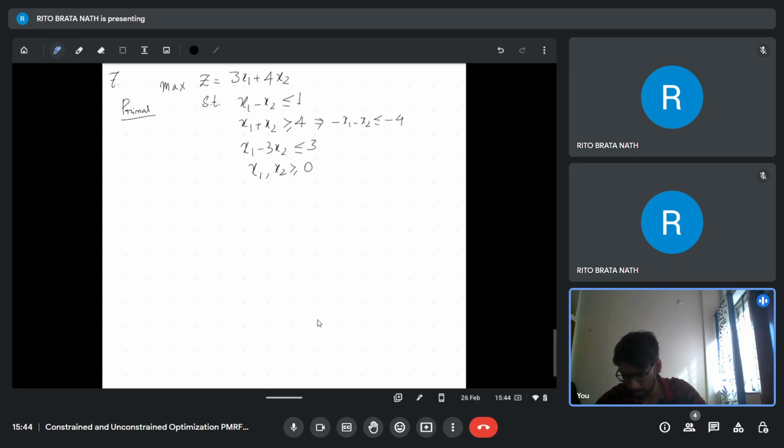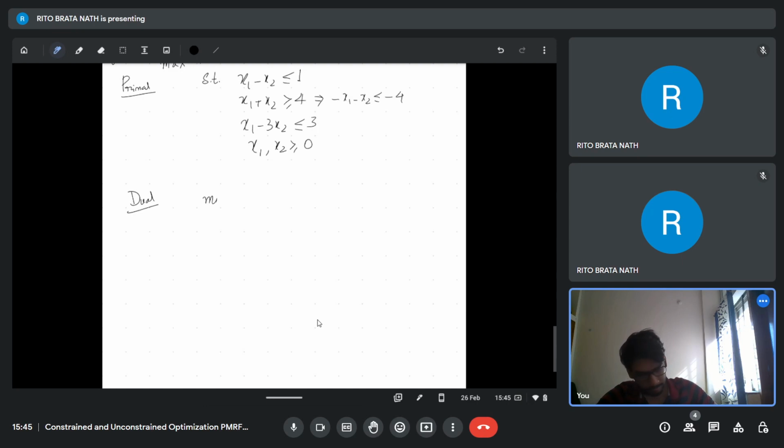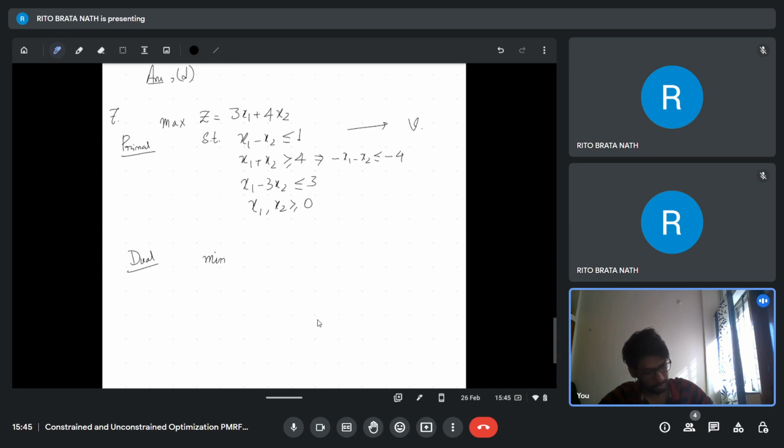Let's write your dual. Your dual is a min problem, and let's call these variables v1, v2, v3 as before. So this is nothing but min of v1 minus 4v2 plus 3v3, subject to constraints.